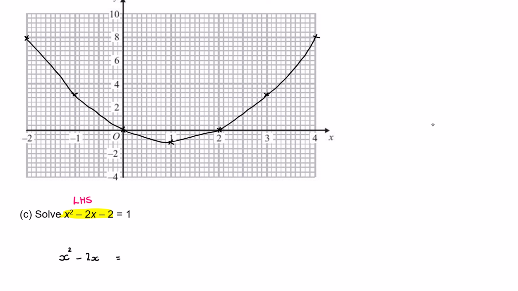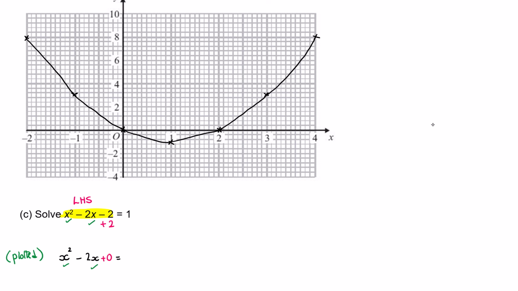So they both have x squared, so we don't need to do anything. They both have a negative 2x. But the one plotted doesn't have a negative 2, so I need to get rid of this negative 2. I can make it 0, because that's what there is here, it's a plus 0, by adding 2.